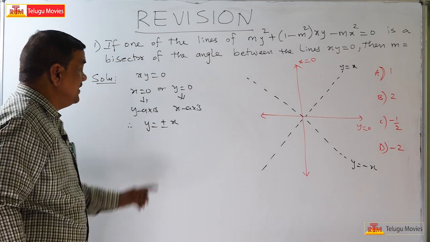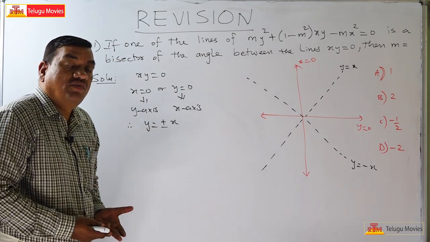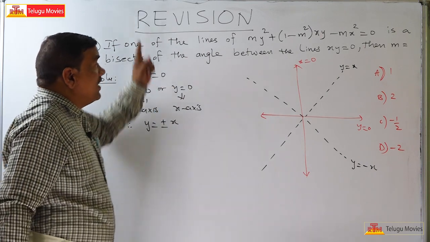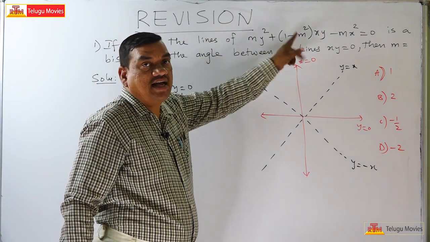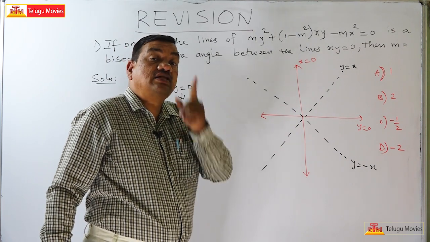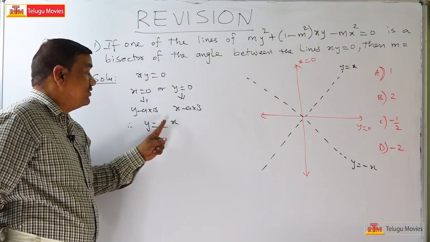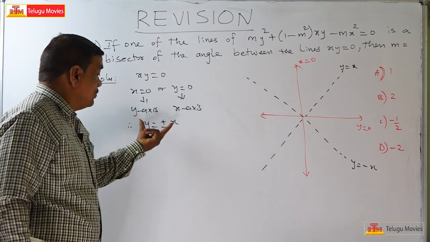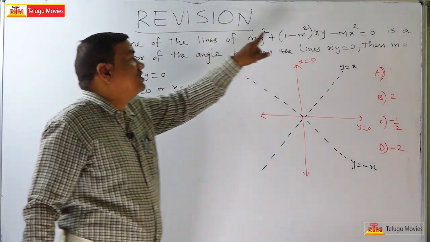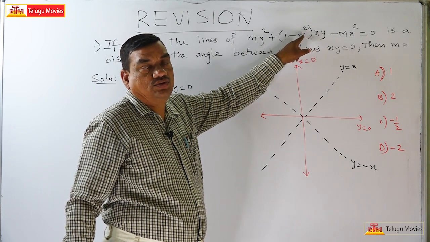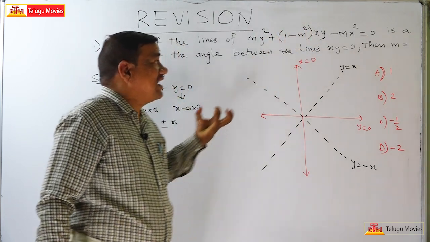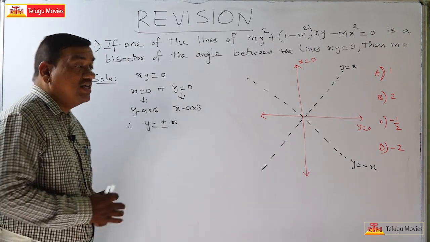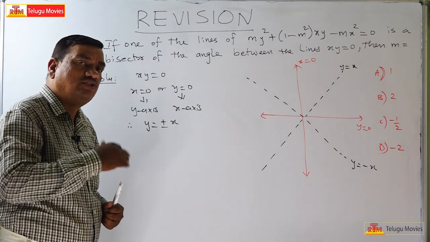He is saying that in this pair of lines, we don't know whether it is y is equal to x or y is equal to minus x. The pair has two lines, and one of the lines is y is equal to x or y is equal to minus x. That means this equation should satisfy the line, so we extract the line from that pair of lines. Wherever y is there, you can substitute x or minus x.